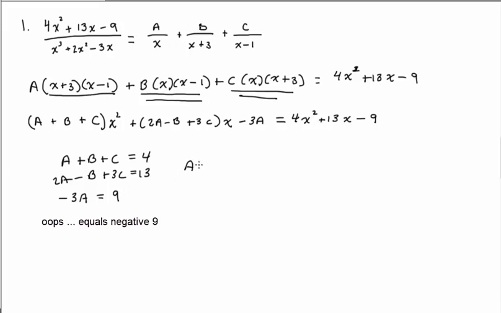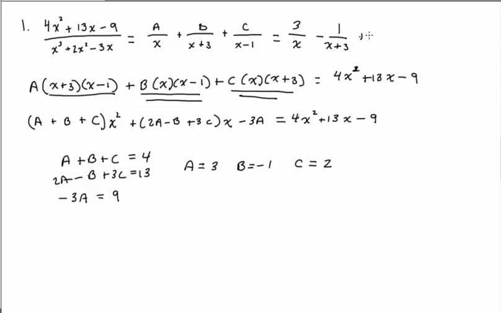Right now we're just going to skip to the solution. a equals 3, b equals negative 1, and c equals 2. So our successful decomposition, going back to the top, would be 3 over x, minus 1 over x plus 3, plus 2 over x minus 1. Now the problem does not ask us to integrate, but in the future, if we were asked to integrate it, then we could integrate this portion, which is a pretty easy integration problem.